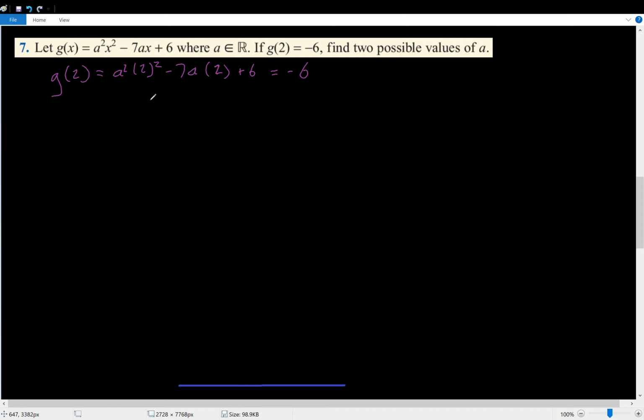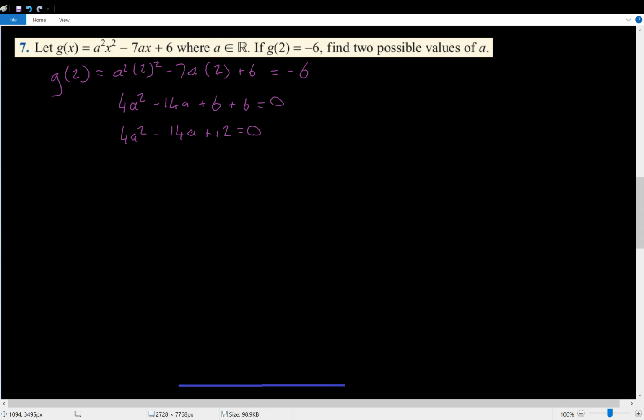Now if we multiply all these brackets out, we're going to get 4a² − 14a + 6, and we can bring across our −6, we get another +6, and that's equal to 0, which means we get 4a² − 14a + 12 = 0.